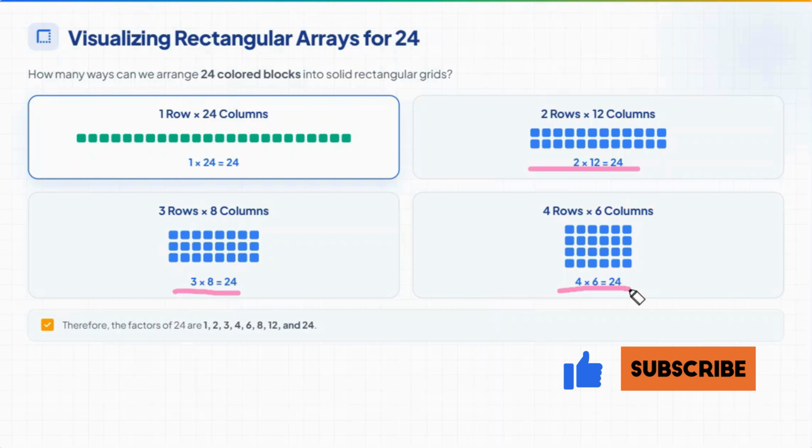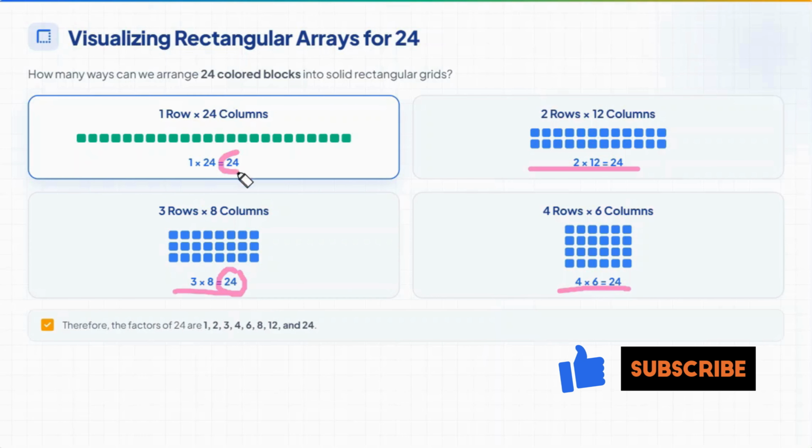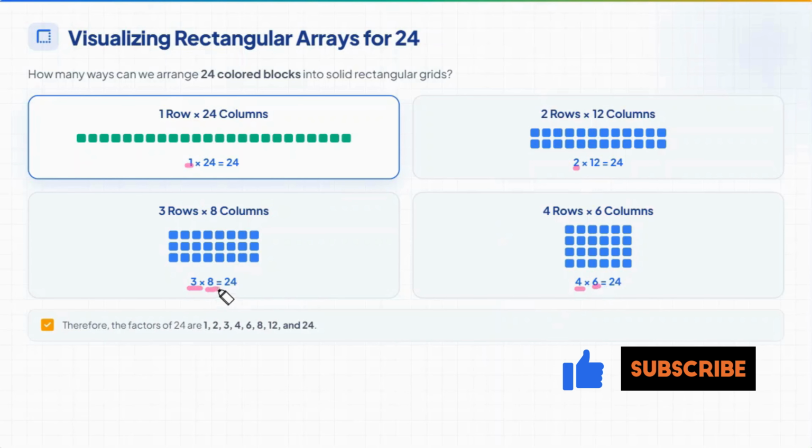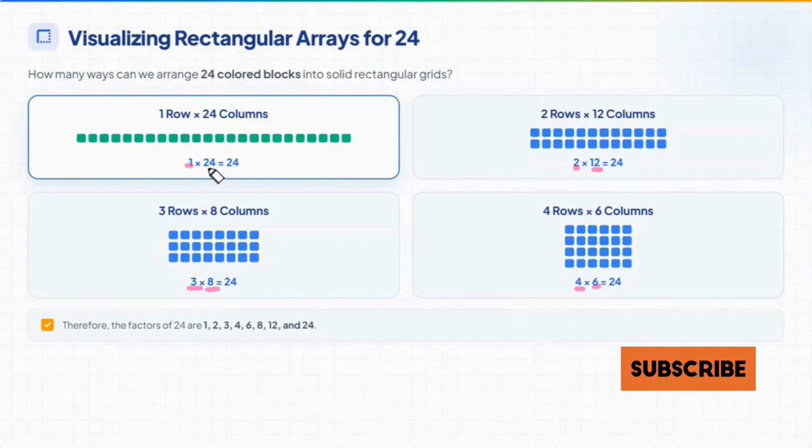In every example, rows into columns gives us the total number of objects. The lengths we see here are 1, 2, 3, 4, 6, 8, 12 and 24. These are the factors of 24.